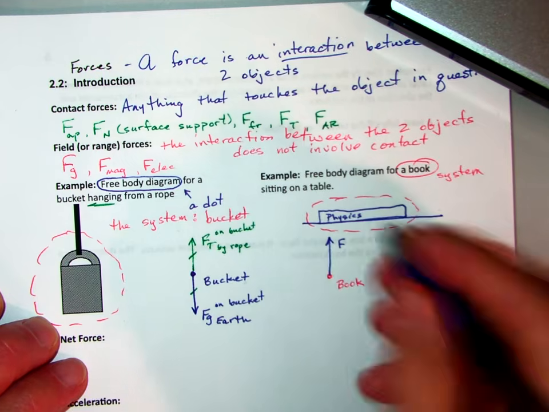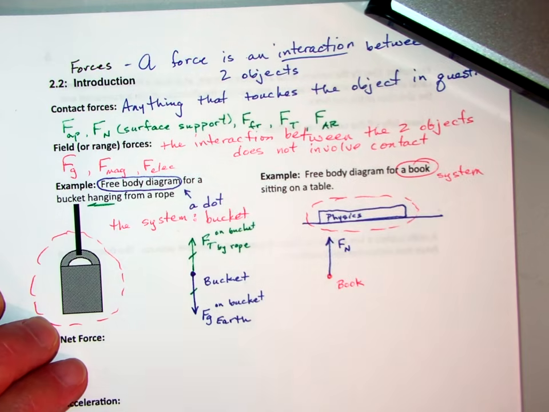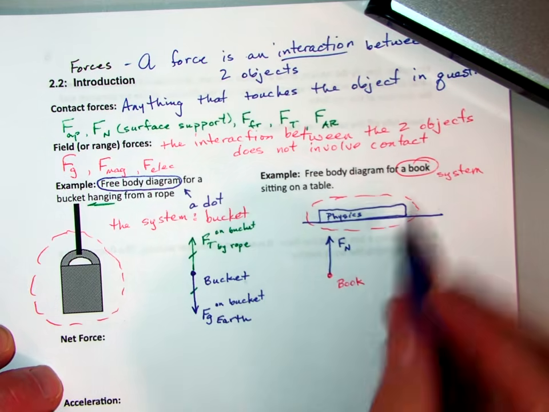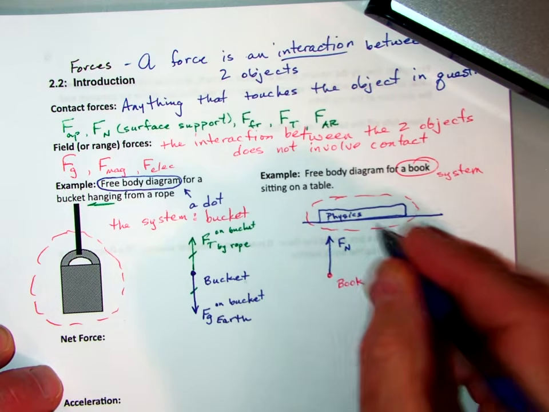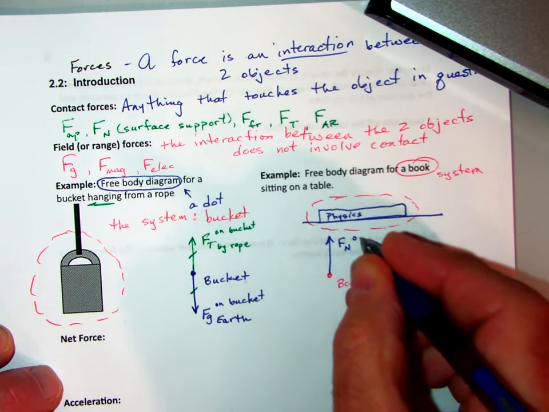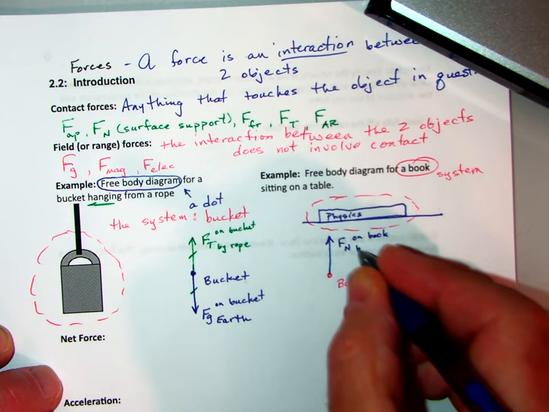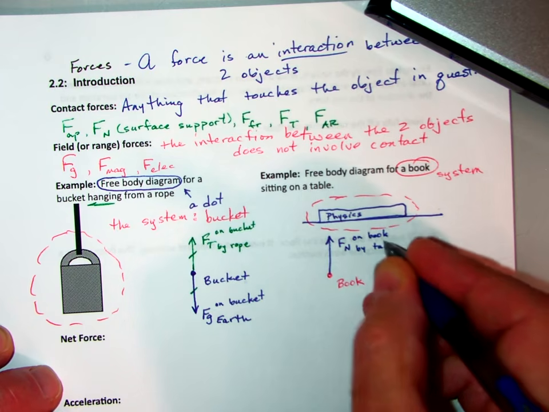We call that, again, a normal force. And when we get more into this, I'll explain in more detail why it is called a normal force. But that is our upward force. It is the only thing that is breaking our circles. This is the normal force on the book by the table.